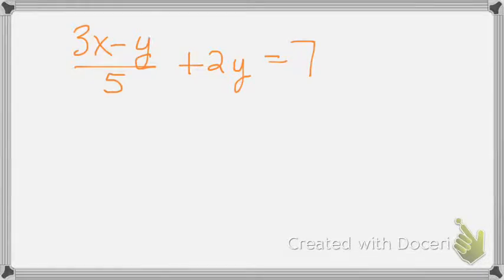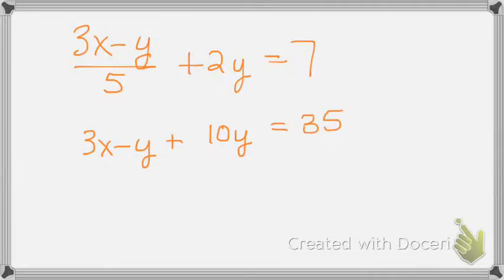It's linear, because once you get rid of the 5, that's there. How would you get rid of the 5? Multiply each term, take every term times 5. If I take this term times 5, the 5 will go away and I'll have 3x minus y. Take the second term times 5 and I get 10y. Take the last one times 5 and I get 35. So I took that entire thing times 5.